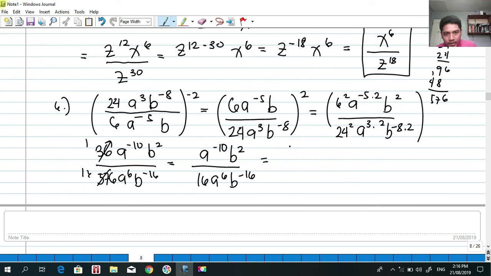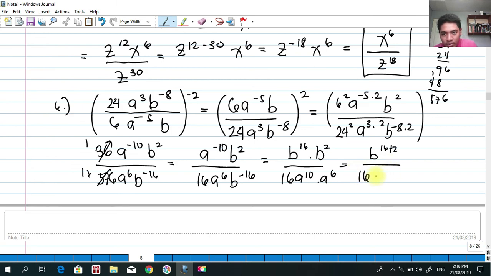So that we have b raised to 16 here, multiplied by b squared over 16 a raised to 10 multiplied by a raised to 6. So we have b raised to 16 plus 2, because this is multiplication and not raised to another number, so we have to add the exponents.